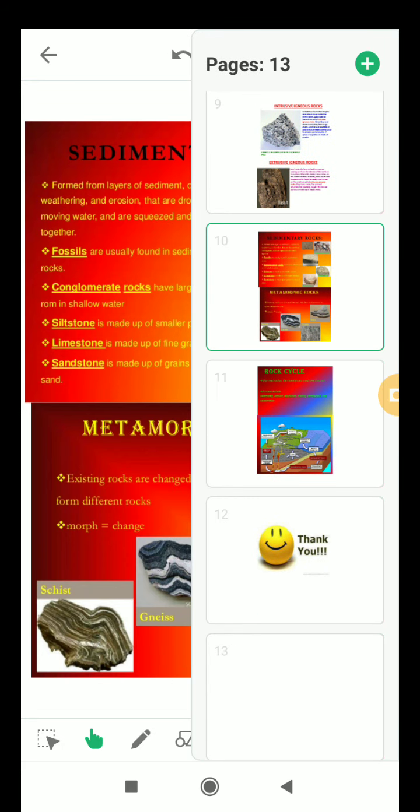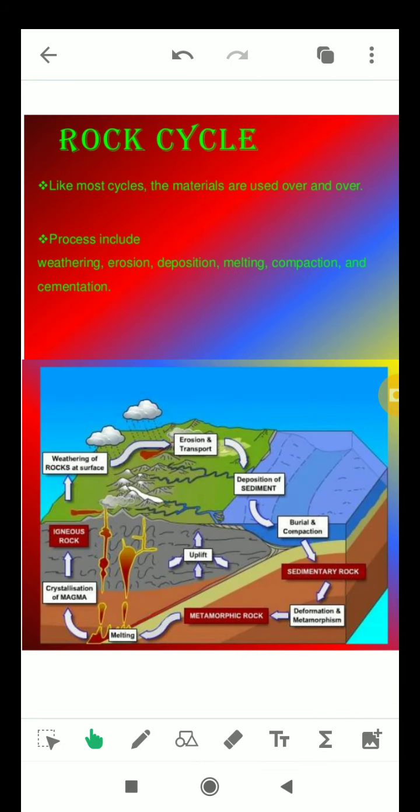Next we have the rock cycle. Like most cycles, the materials are used over and over. The process includes weathering, erosion, deposition, melting, compaction and cementation. You can see here how the rock cycles. In the rock cycle, metamorphic rocks are not only subjected to change under heat and pressure.